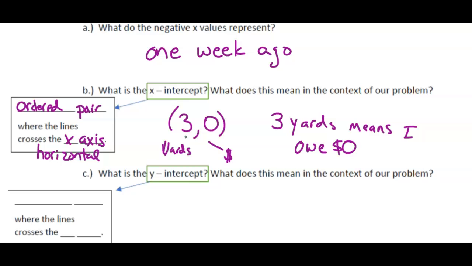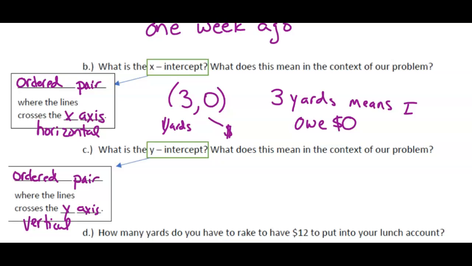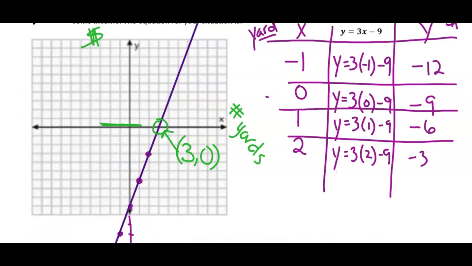All right, so what about the y-intercept? The y-intercept is the ordered pair that crosses the y-axis, and the y-axis is our up and down axis. So here is my y-axis. Okay, my y-axis in this case is 1, 2, 3, 4, 5, 6, 7, 8, 9. -9 is my y value, and 0 is my x value.